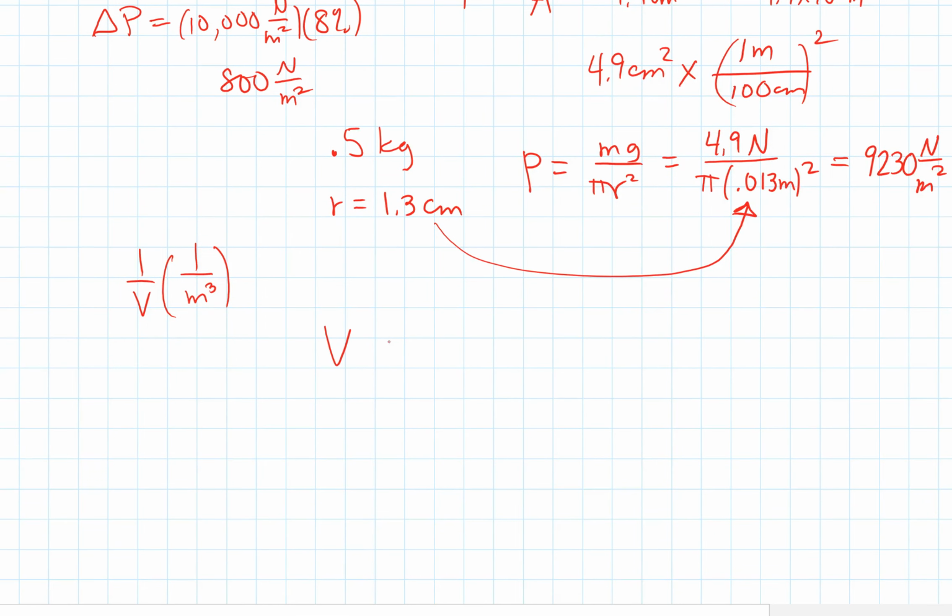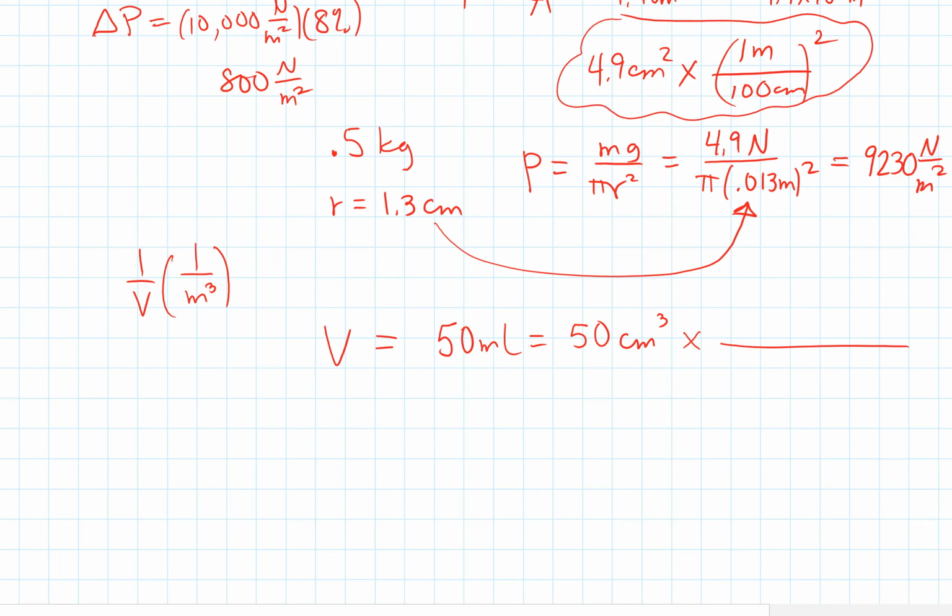So you start with the volume such as 50 milliliters, which is 50 centimeters cubed. But if we want to convert that into meters cubed, we have to do the same trick as up here, but instead of doing it squared, because we have centimeters squared, we have to do 100 centimeters cubed. Everything has to be cubed.